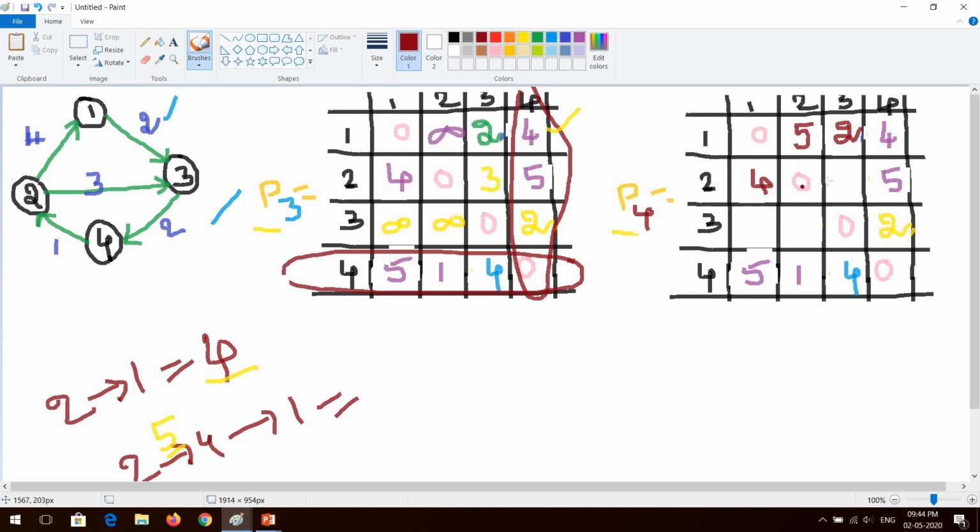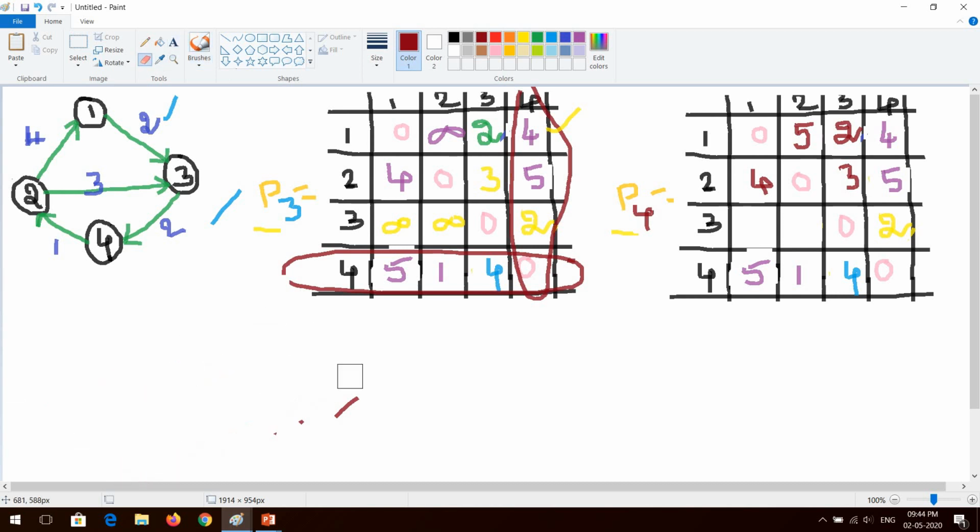Similarly, 0 will remain the same, 3 will remain the same. Observe these infinite values, what is happening. Will we be able to get the shortest path, or will the infinity still remain the same? So 3 to 1, how much is the cost? We have infinite.